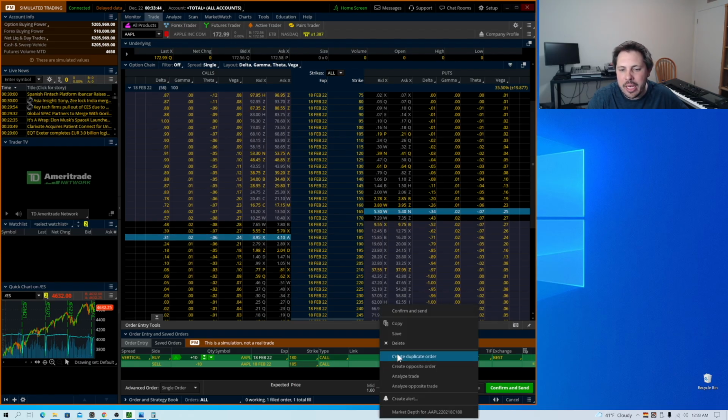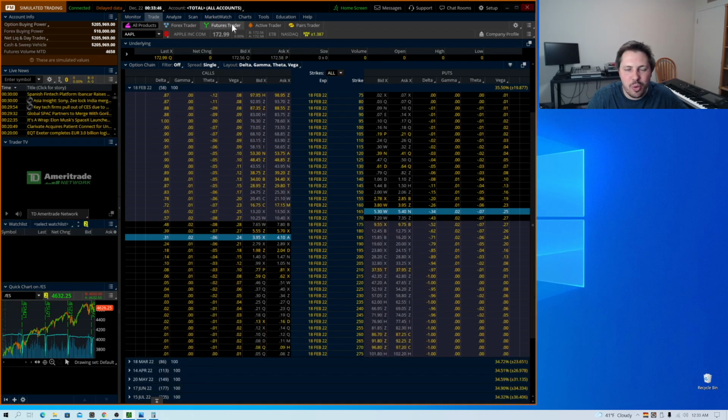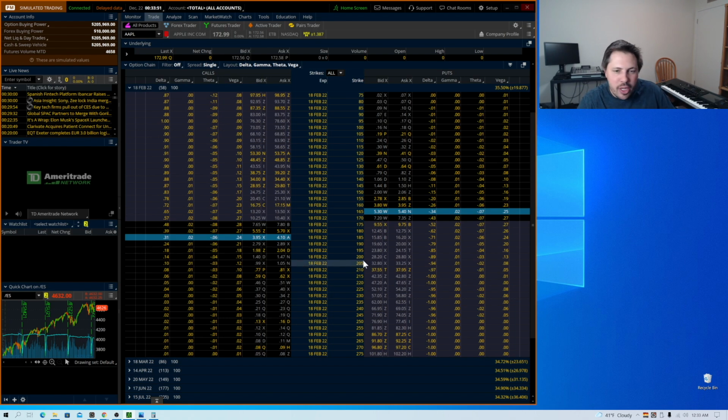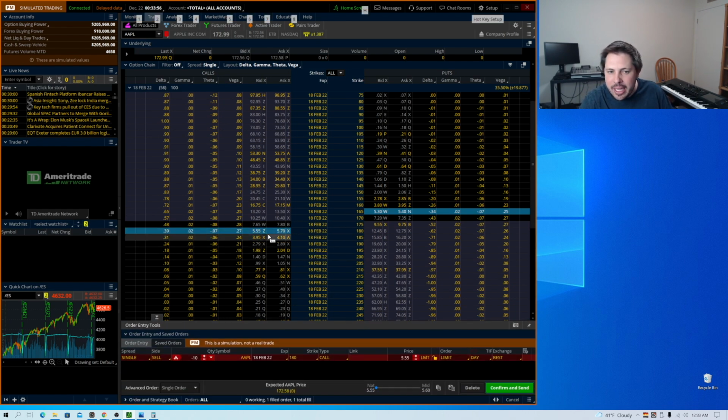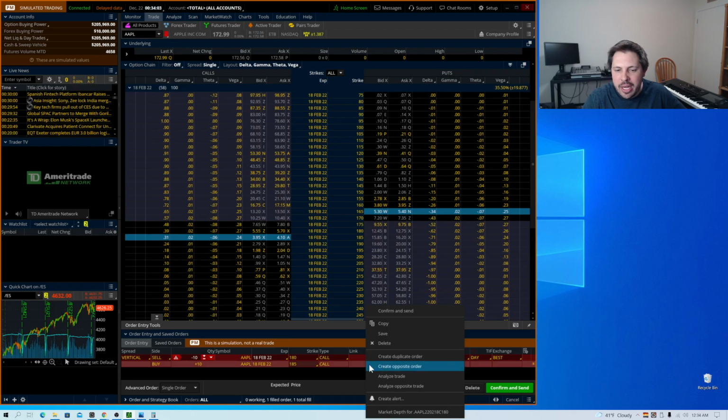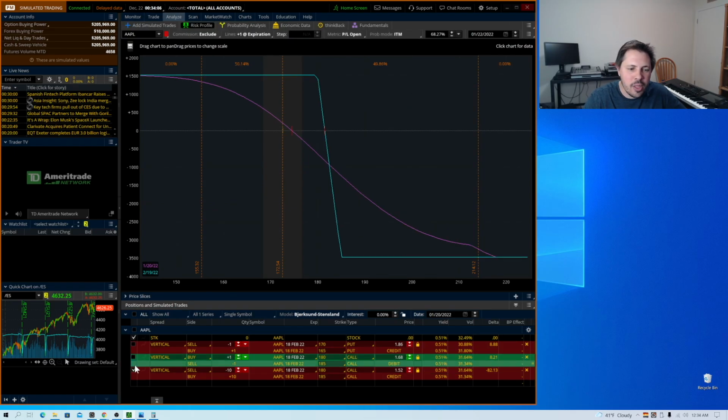Now, on the other side of this, remember, if we thought Apple was going to go down, we could have sold the call credit spread, where this time we sell the 180 and buy the option that's farther away from the money, creating this credit spread, which gives us this bearish P&L graph, where if Apple goes down, we will keep this credit.